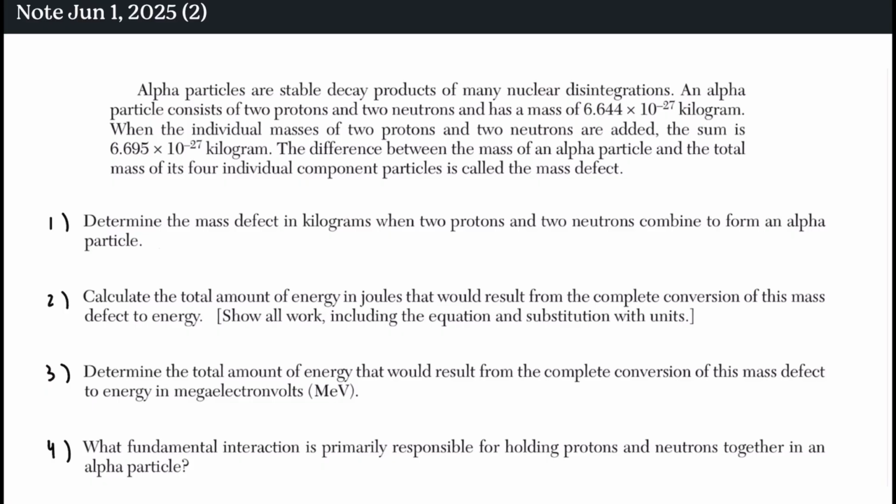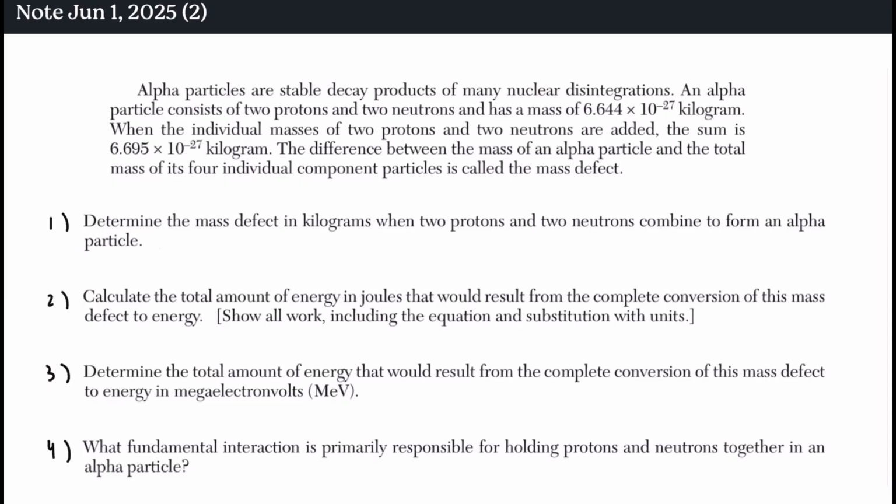Alpha particles are stable decay products of many nuclear disintegrations. An alpha particle consists of 2 protons and 2 neutrons and has a mass of 6.644 times 10 to the negative 27 kilogram. When the individual masses of 2 protons and 2 neutrons are added, the sum is 6.695 times 10 to the negative 27 kilogram.